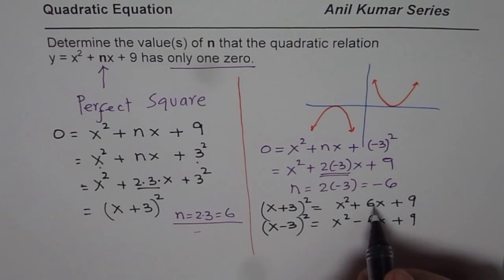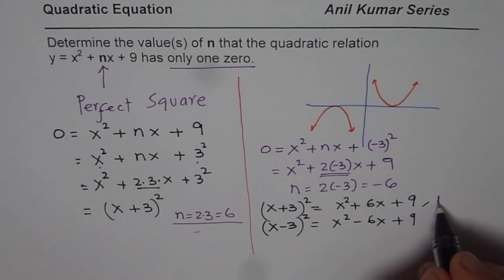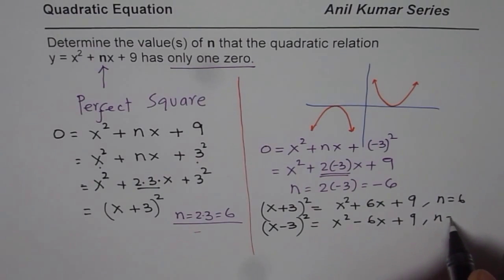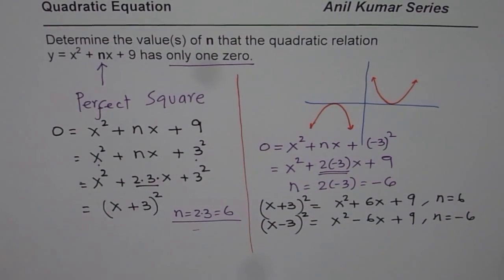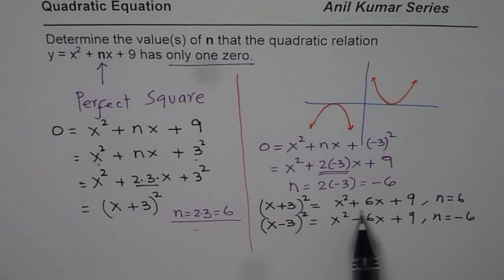In both cases, we get the value of n. Here the value of n is 6, and here the value of n is minus 6. That is also a way of doing it, right? So either way you do, you get two different answers for n, and both are right answers. So that is how you can get the answer for this particular question.